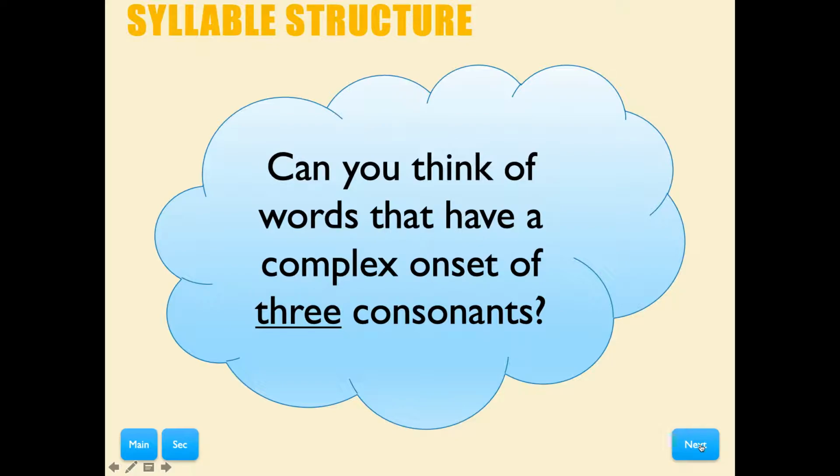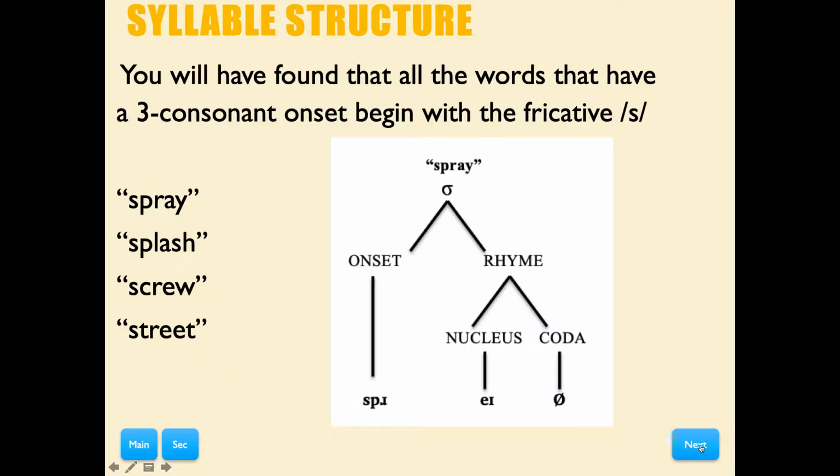So let's see what you found. Whatever word you have found probably starts with s. You will find examples like spray, splash, screw, or street. These onsets have more than 2 consonants. They have 3.